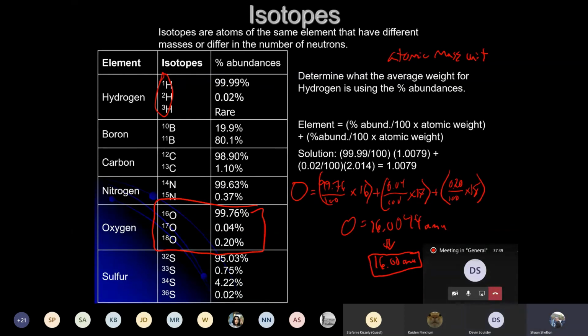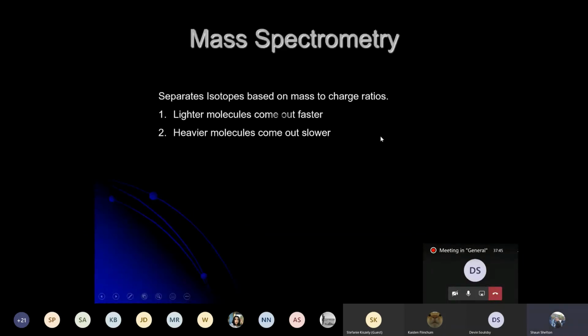Yeah. All right, so we're going to move on here. Talking about that, I'm not going to spend too much time on the slide. I'm just going to say that isotopes are determined from the mass to charge ratios. Lighter molecules come out faster, heavy molecules come out slower. When you look at a graph here, hydrogen 1 is going to be a very tall peak, then hydrogen 2 is a small peak, and hydrogen 3 is real tiny.